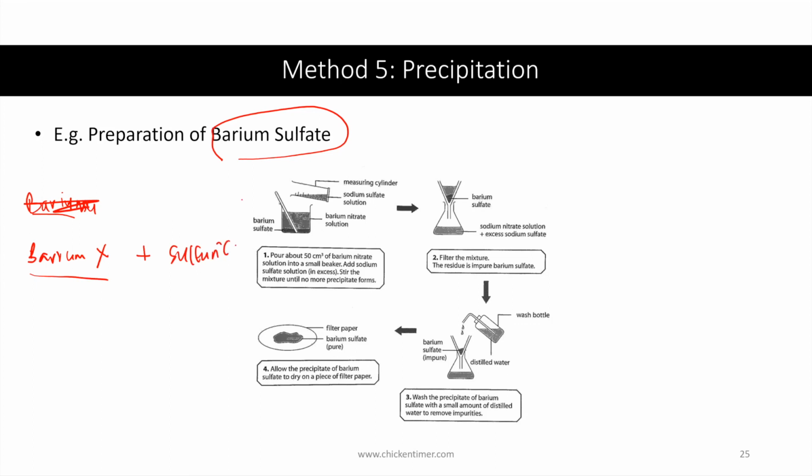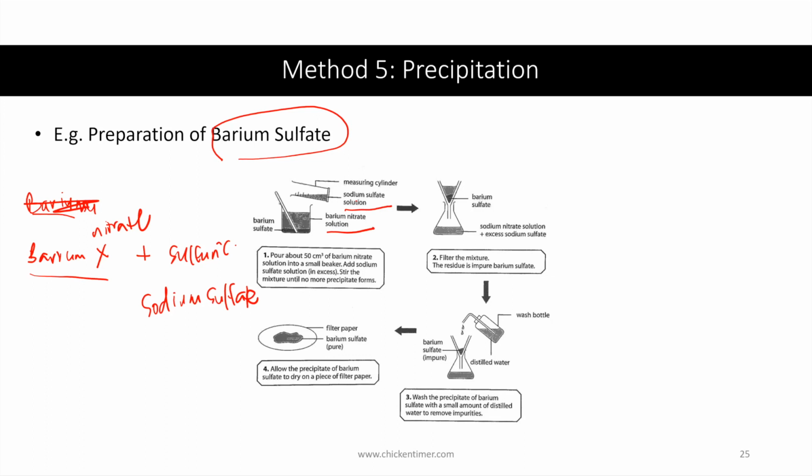And sulfate also can come from some other salts, like you can have solutions like sodium sulfate, which also contains sulfate ion. So you need two solutions. A solution that has barium and is soluble in water would be barium nitrate, because all nitrates are soluble in water. So in this procedure, they use sodium sulfate and barium nitrate.